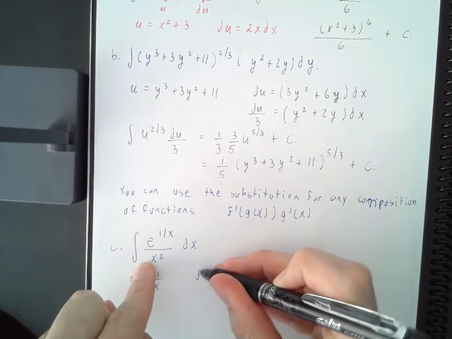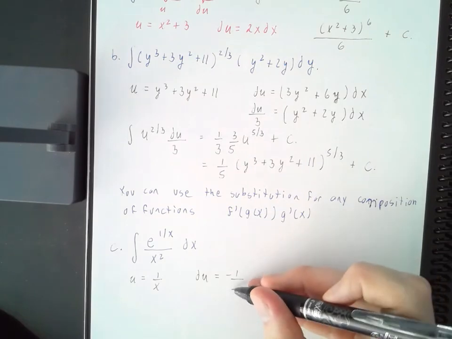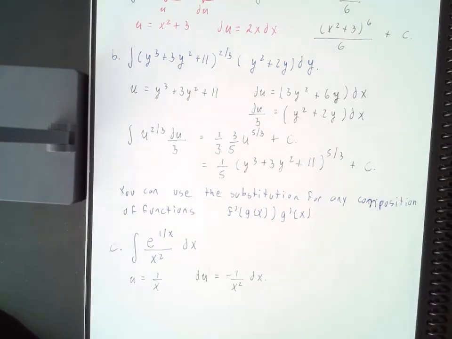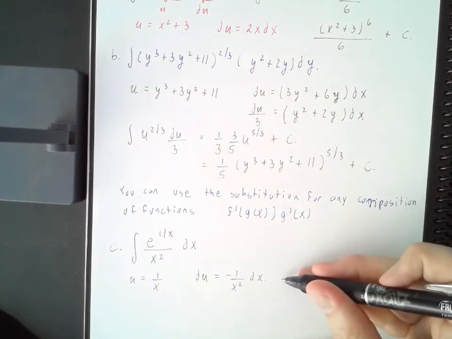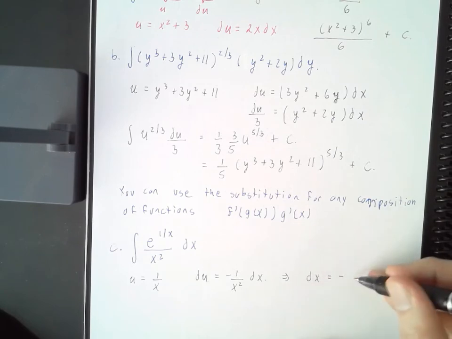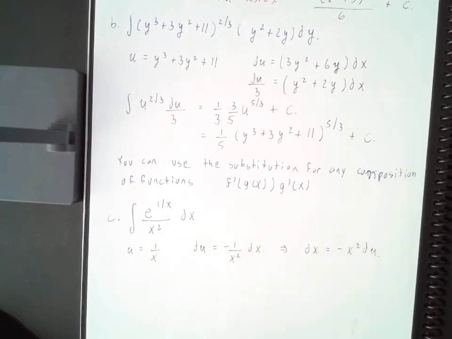And this is exactly what we have over here. We just have to deal with a negative sign, but that is really not a problem. If you can see that this is going to be minus du, you can solve for dx. It's something that I don't particularly like, but probably it is going to help you visualize more easily what is the right substitution.